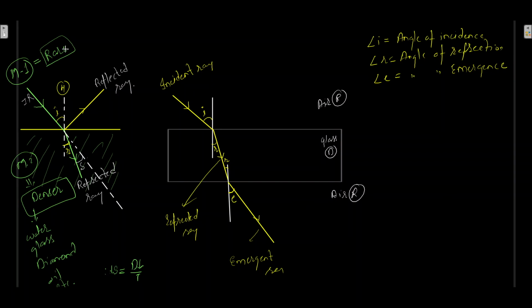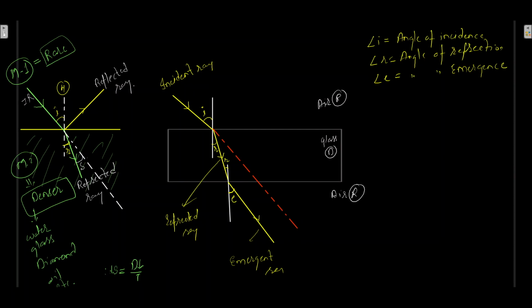Okay, now it is time to understand the meaning of lateral displacement. Here I am using a different color. As you see, this is your ray, and this is your actual path. Because it is an assumed situation, I need to make it with dotted lines.